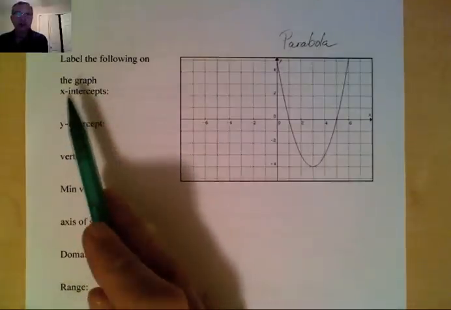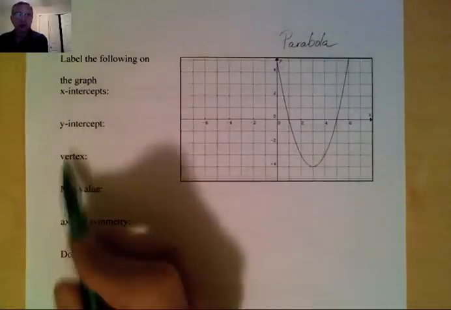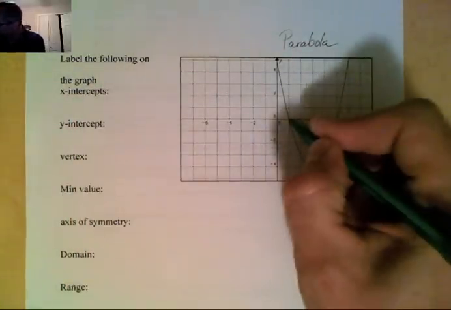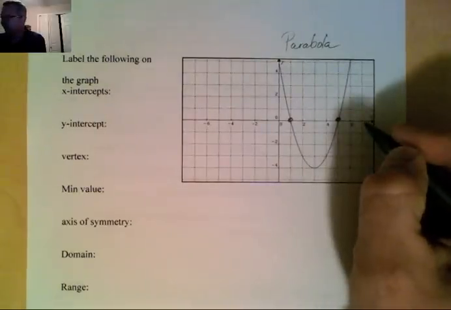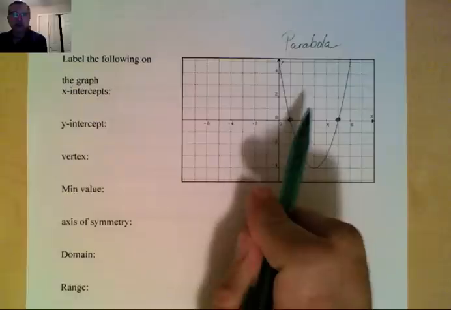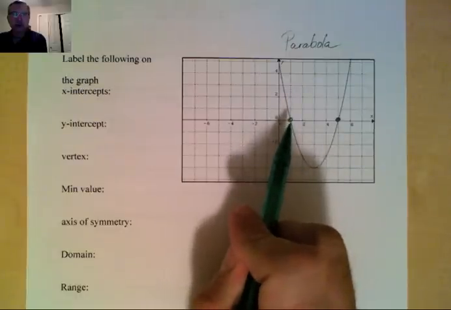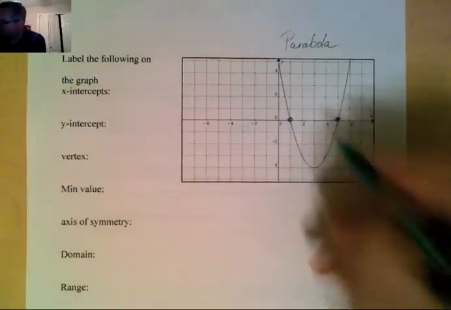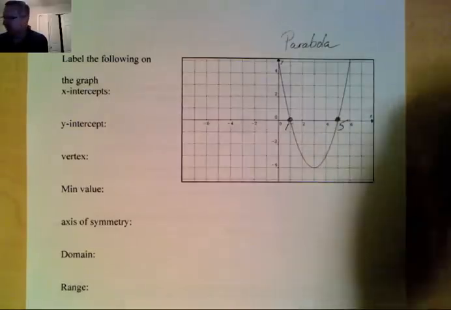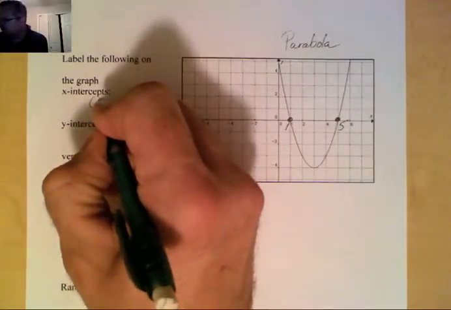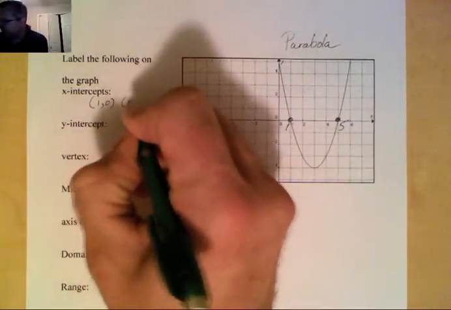What are the things you need to be able to identify? Well, one of the first things you need to be able to identify are the x-intercepts, and in this case, there are two of them. When we talk about the x-intercepts, we talk about them as coordinates. In this case, this x-intercept is at 1, and that second x-intercept is at 5. So the coordinates are (1, 0) and (5, 0).